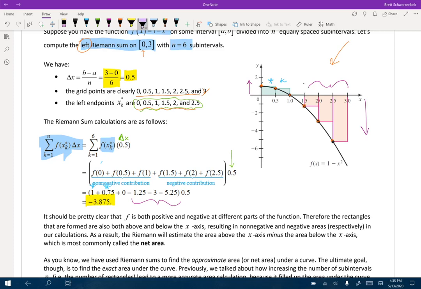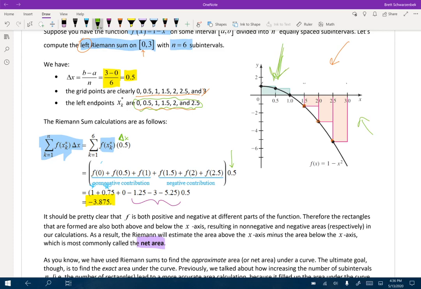This is referred to as the net area. It means you're taking the positive area and the negative area and adding them together, and whatever you get, you get. If you get more negative area, that means there's more area between the x-axis and the curve below than above. So more below than above.